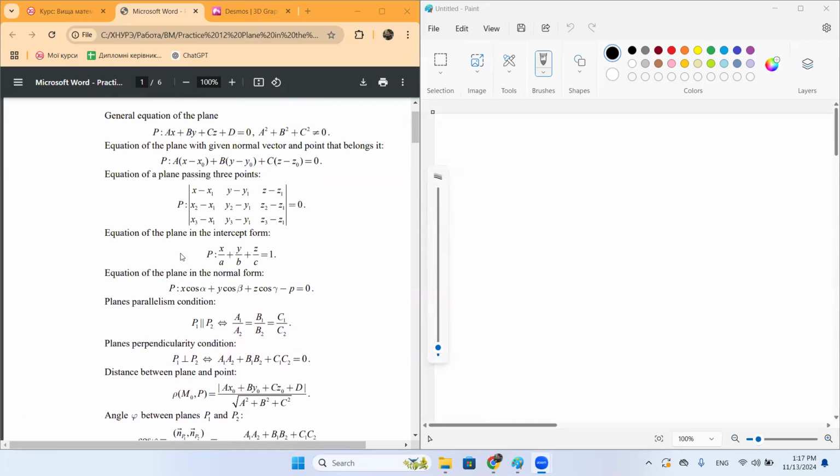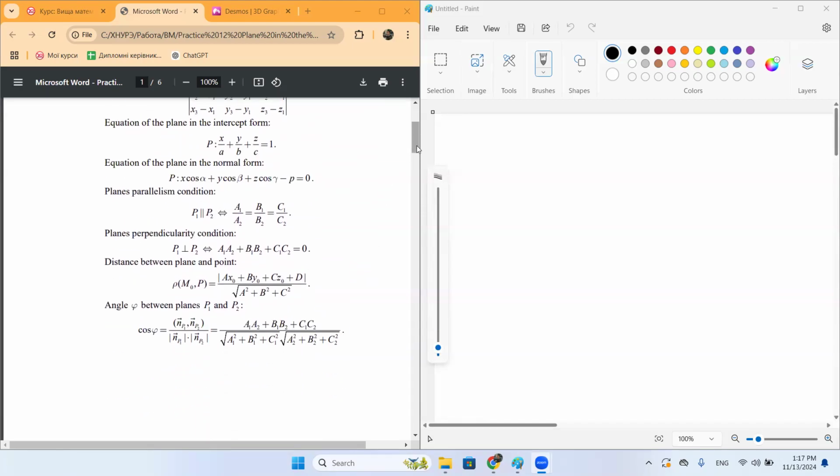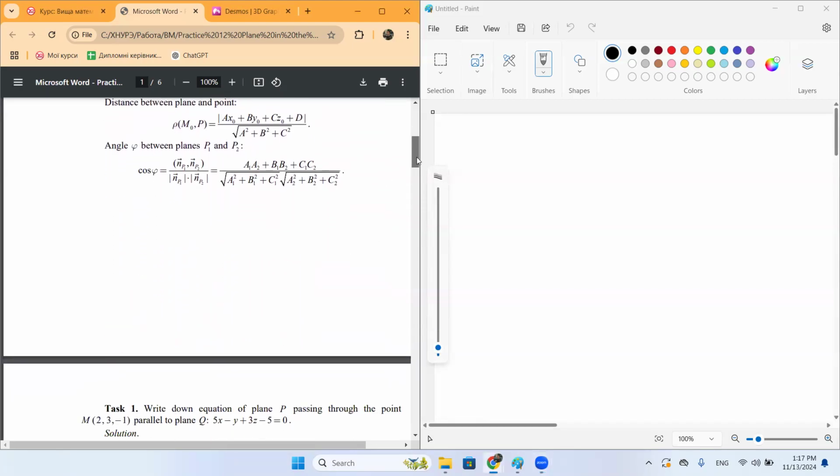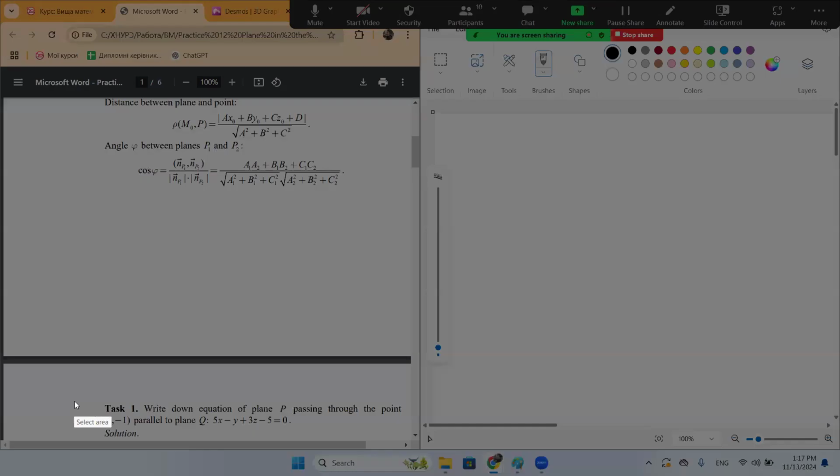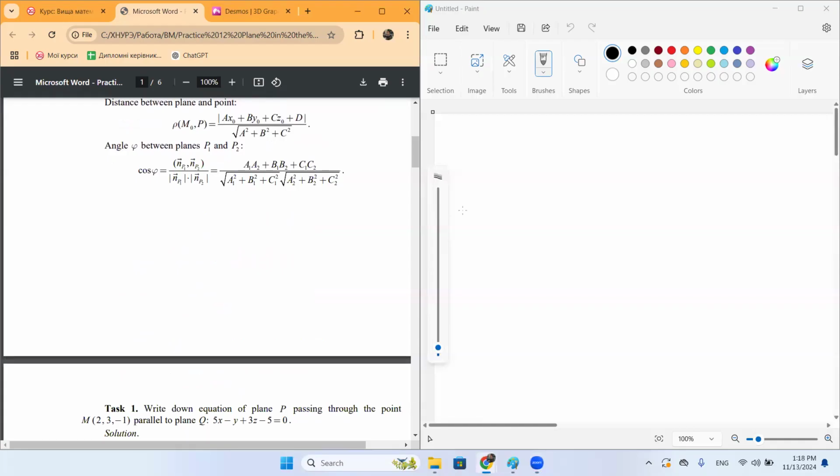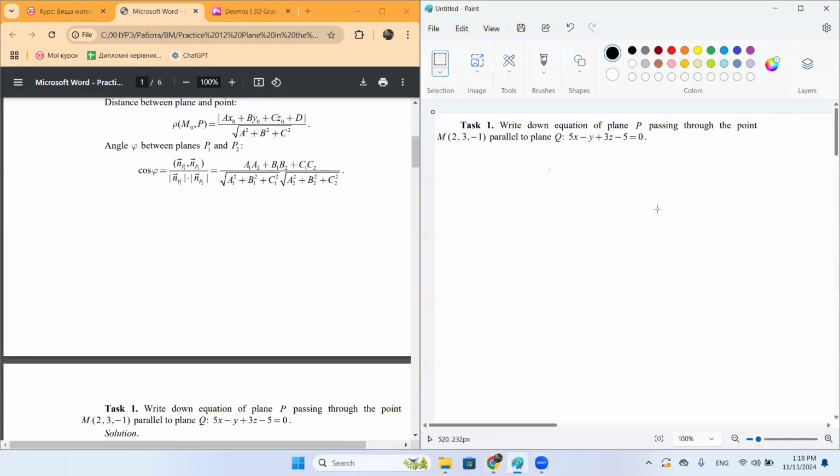Maybe any questions about theory for now? If no questions, let's rock. So the first task. By the way, is such Zoom okay for you, or you don't see the text?